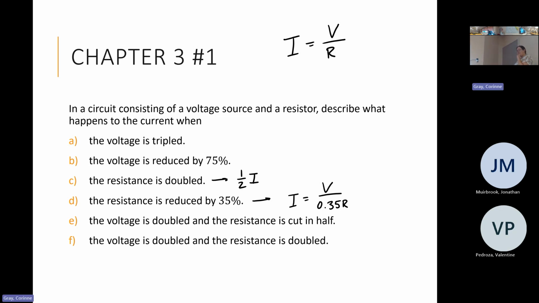Actually, let's ask the people who did B, right? Because this is a very similar one. B is reduced by 7, or is voltage instead. So not quite the same. B, did you guys write your equation out for? Okay.